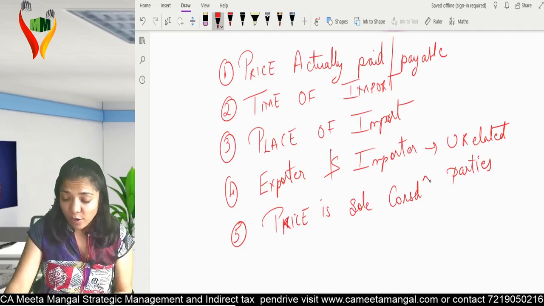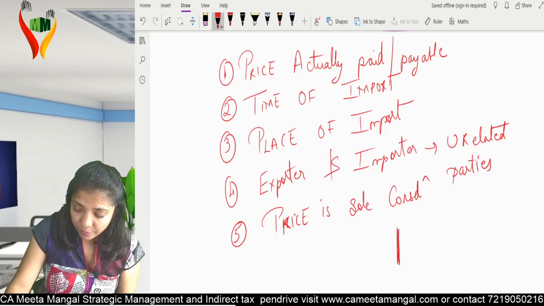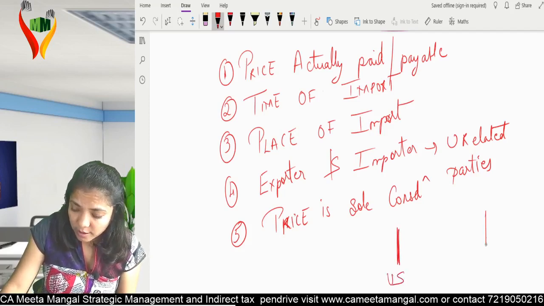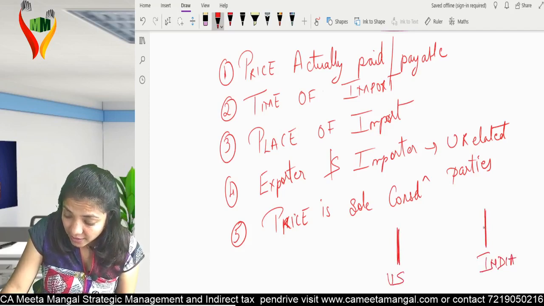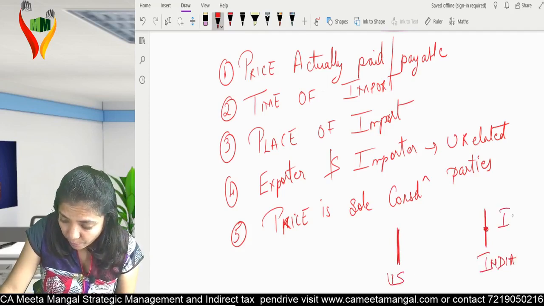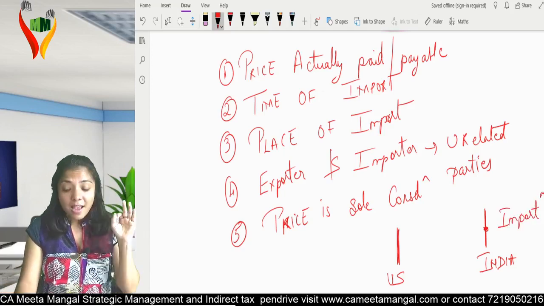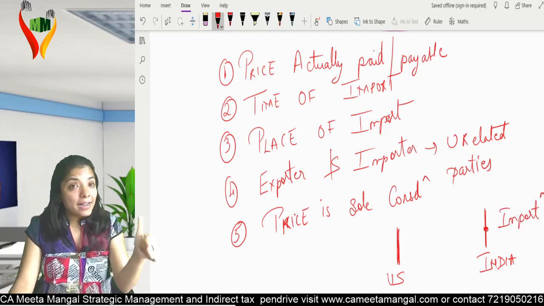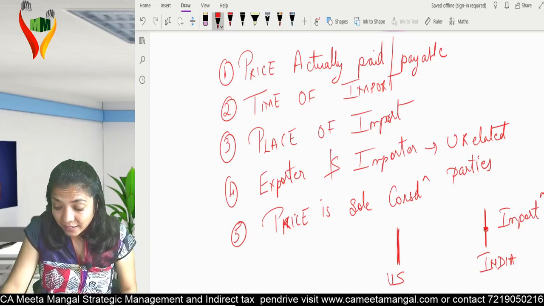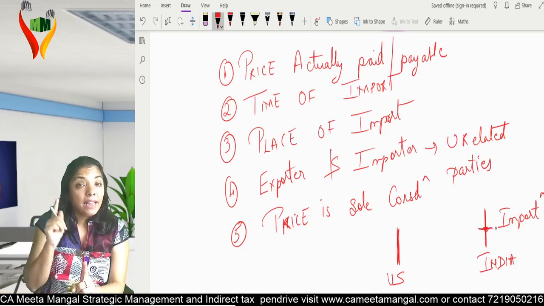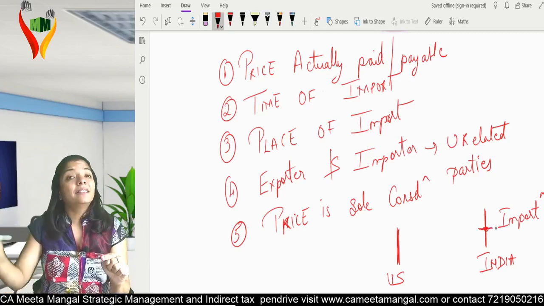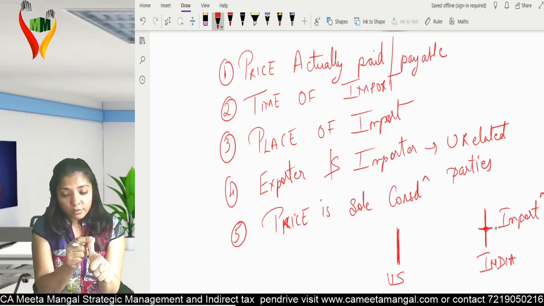Now, what is transaction value? Again, let's understand. This is the US port. This is the India port. And this is where importation is happening. Price actually paid or payable at the time of import. When import is happening, at that time, what is the value?